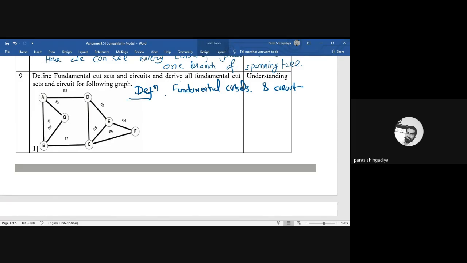Rajvi, Vinith, Vaibhav, am I audible? Can you hear me? Okay. So that is already given in this lecture note. Just refer to it first and then explain.